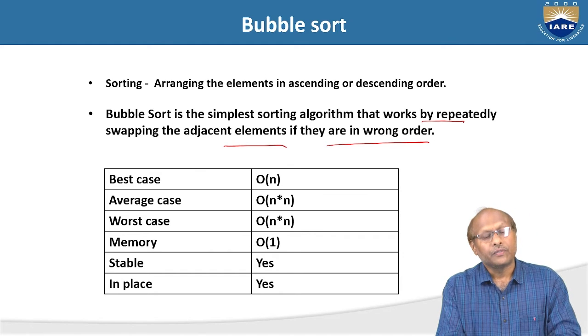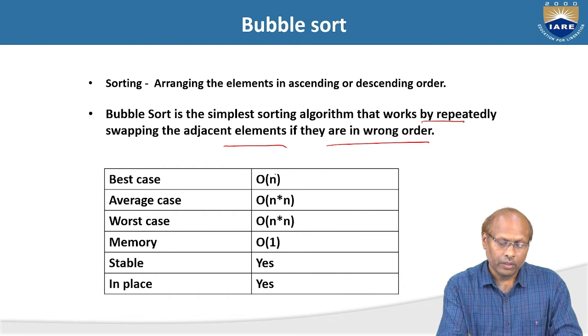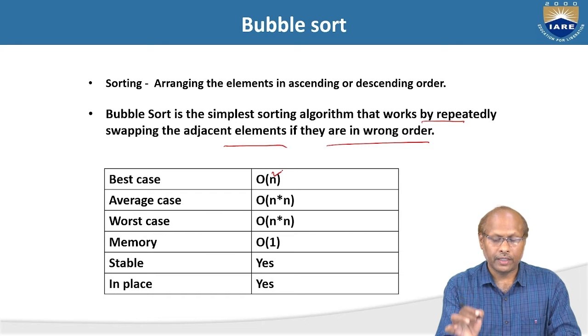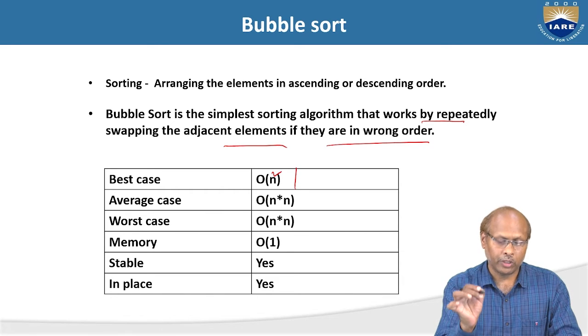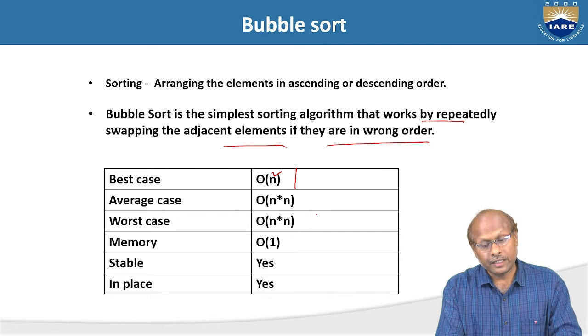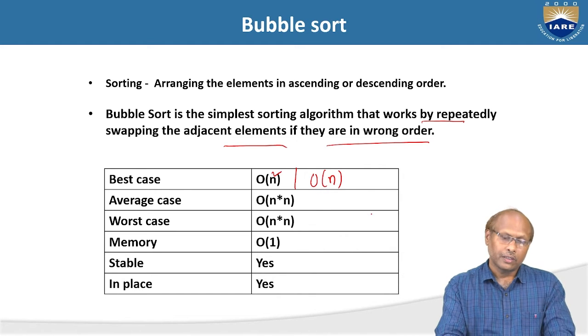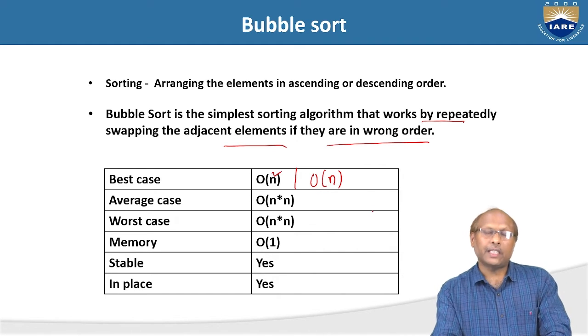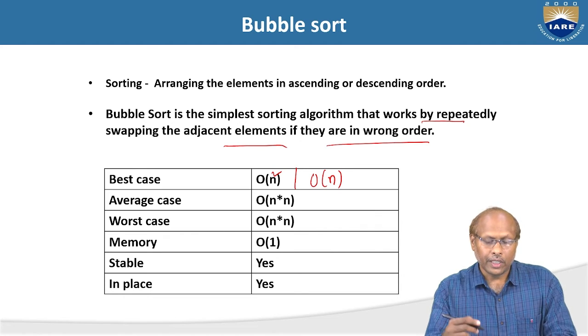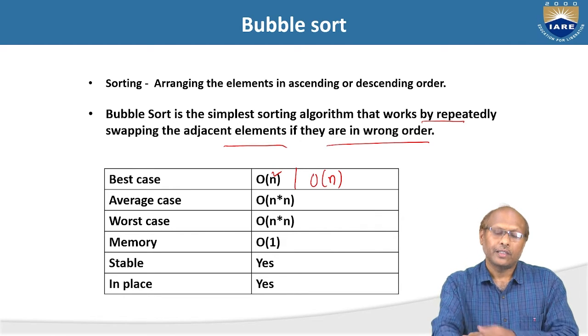The time complexity will be order of n square if it is normal bubble sort. And the time complexity will be order of n if it is updated bubble sort. That means you can change it.